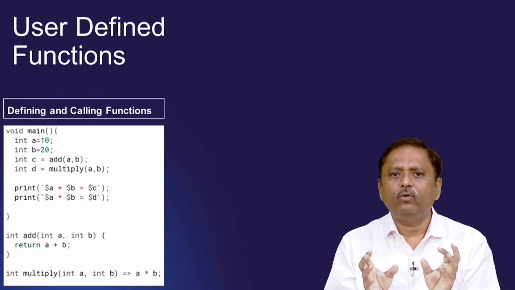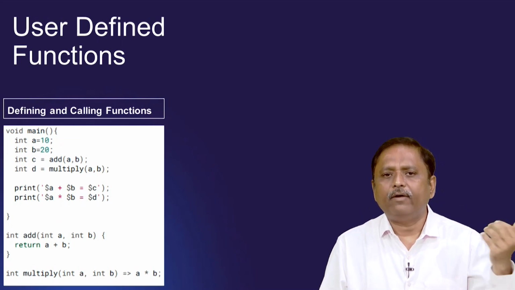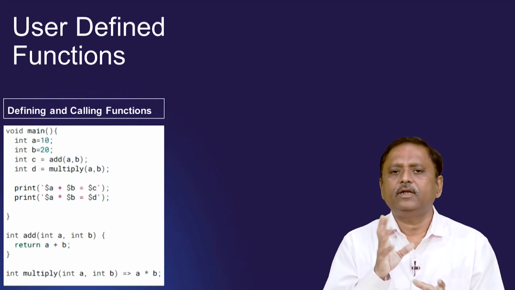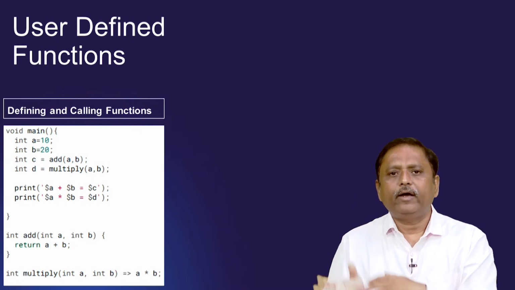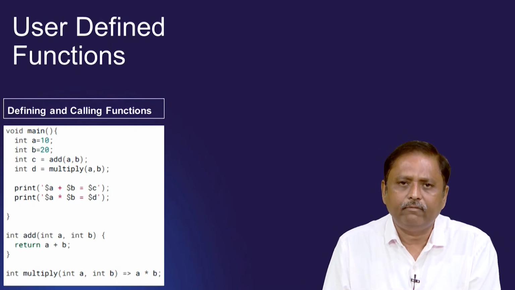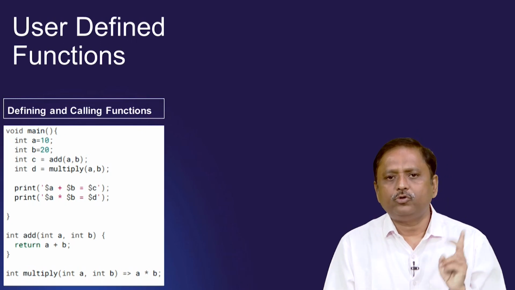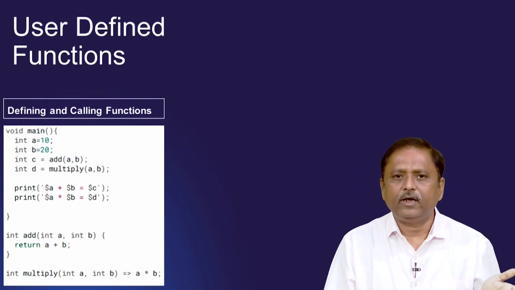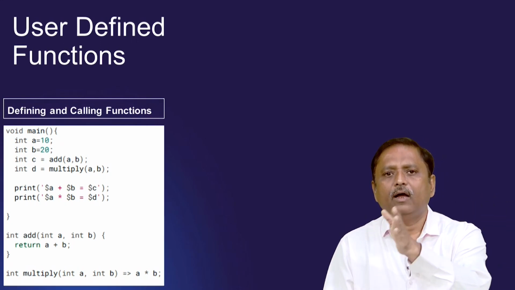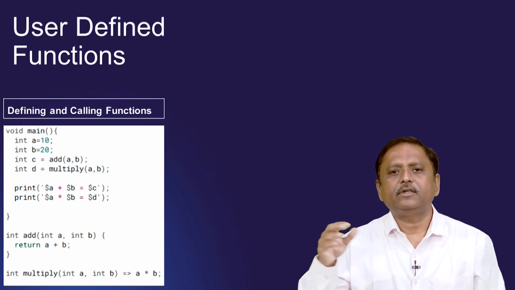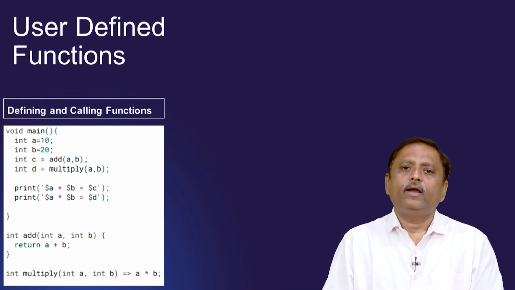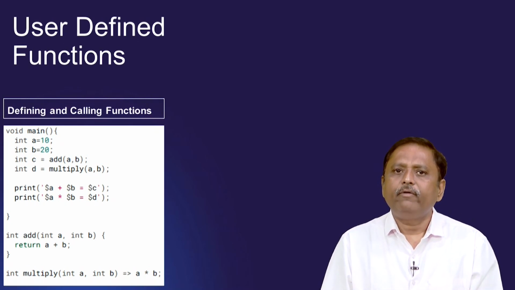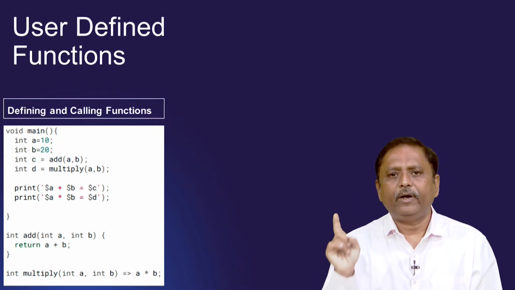Arguments are values that are taken by functions, and it performs some process on these values and returns output in the form of a return value. So, here it takes two arguments, one is called a, which is of type integer, and the second argument is specified after a comma, which is again of type integer, and its name is b. So, whenever we call this function, we have to provide two values of type integer.